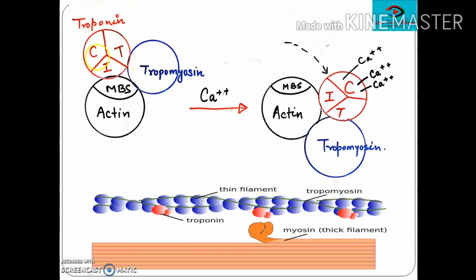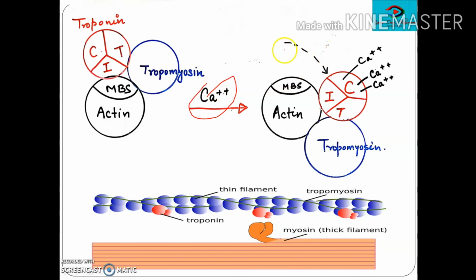Now, why troponin C is important would be clear from this diagram. When calcium comes, it binds to the troponin C, which then drags to one side along with tropomyosin. Since calcium is a divalent cation, it has a mass.